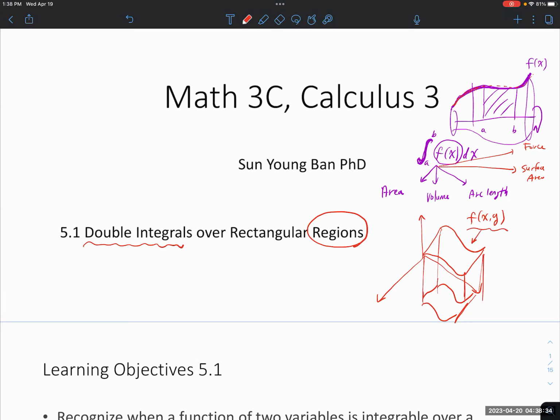Let's assume this is what it is. And by taking the integral, we know that it helps us find the area or region volume.